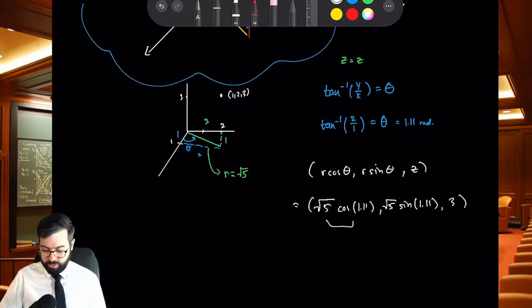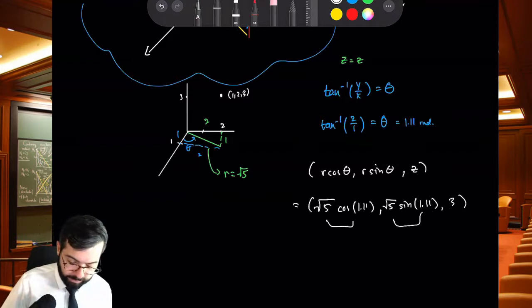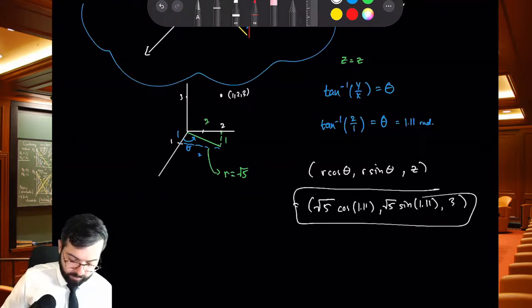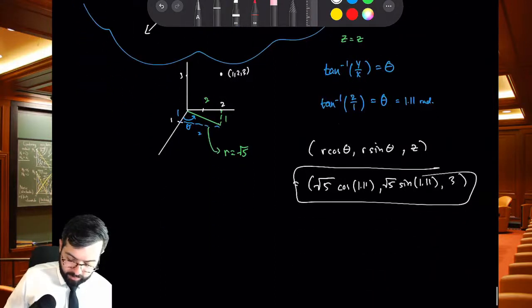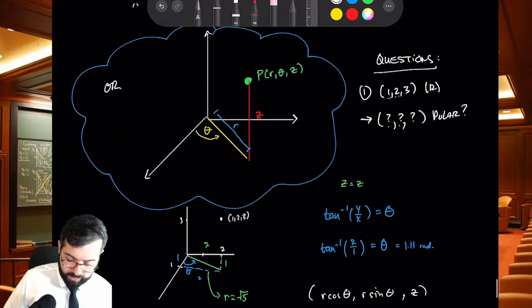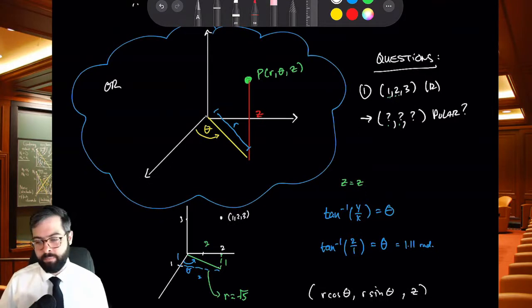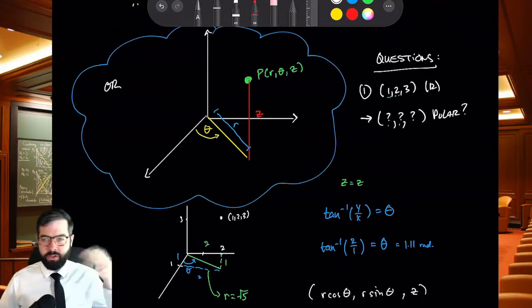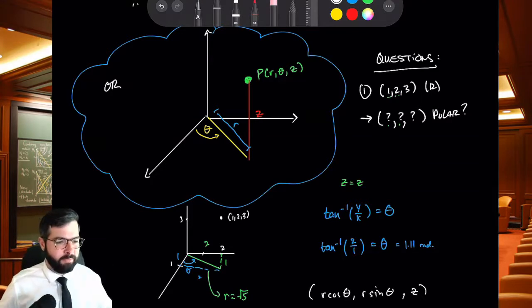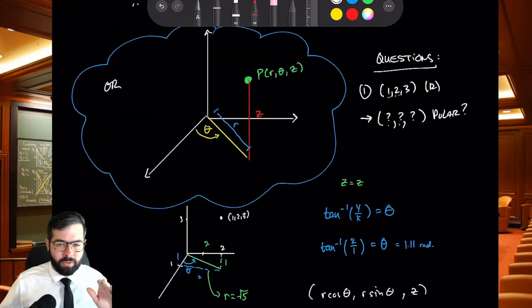Now you could just get a decimal value for these, but that's no fun. So that's good to go. And yeah, that's good enough. You've played with this in 2D, so it's really just adding z. You've done this enough. So I want to talk about what surfaces and equations look like. I think that's a little bit more important.